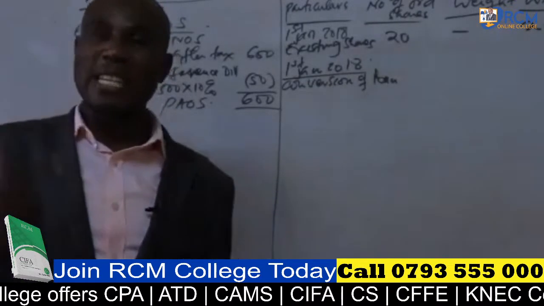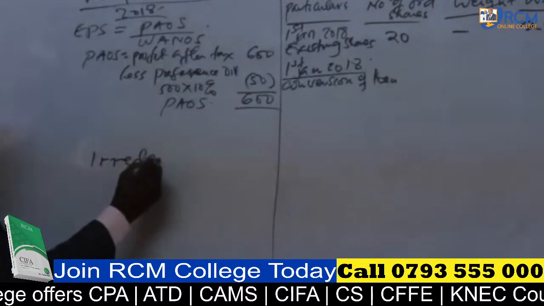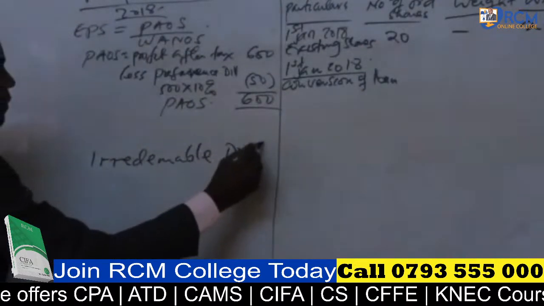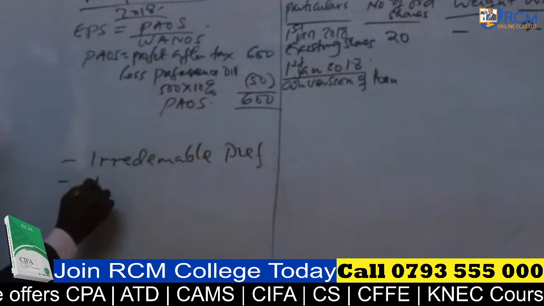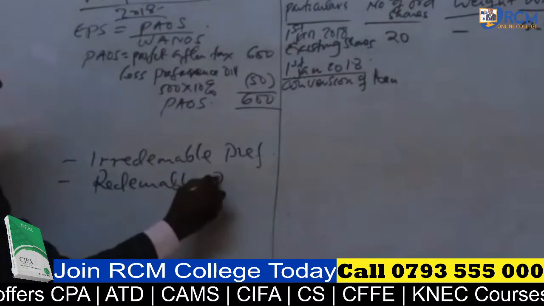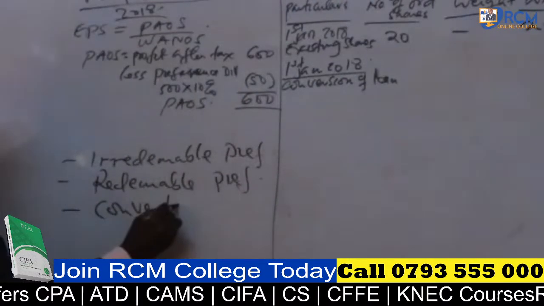We have what we call irredeemable preference, we have redeemable preference, and then we have convertible preference.